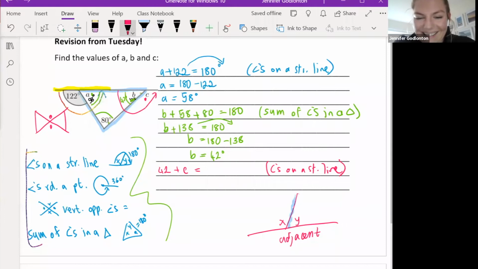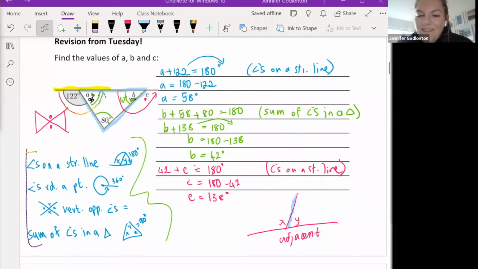Yes. Equal to 180. Good. Then you take the 42 to the other side on the right side. Good. Then C is equal to 138. Yes. Well done. That's beautifully explained. Awesome work.